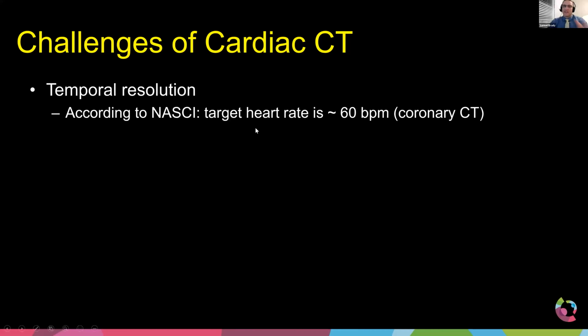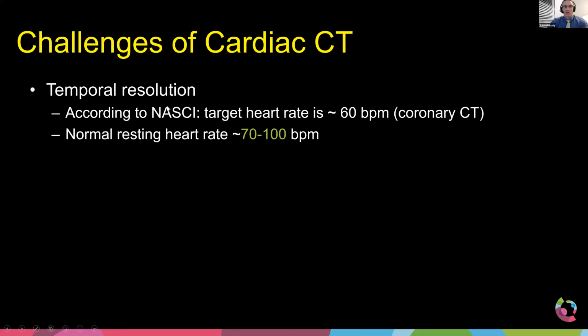They basically say the target heart rate for, say, a coronary CT exam is about 60 beats per minute. If the heart rate is much higher, they say it's probably okay to use beta blockers to chemically reduce the heart rate to a manageable rate so that we can image with a CT scanner.